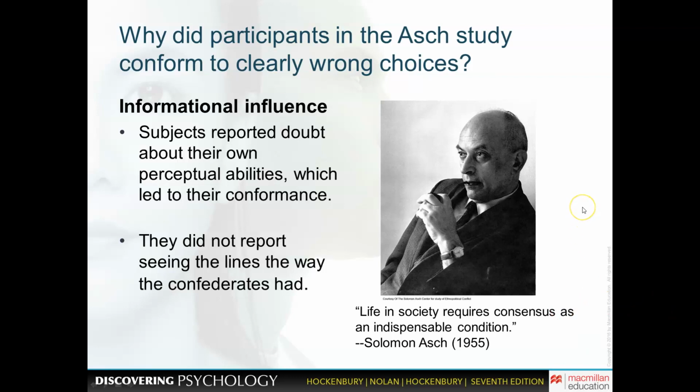Okay, so this researcher, his last name was Asch, conducted the study about conformity. What Asch found is that when it came to influence, subjects reported doubt about their own perceptual abilities, which led to their conformance.